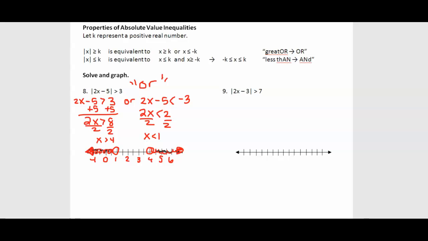Okay, number 9. The absolute value of 2x minus 3 is greater than 7. So 2x minus 3 is greater than 7, or 2x minus 3 is less than negative 7. Solve for x on both sides.